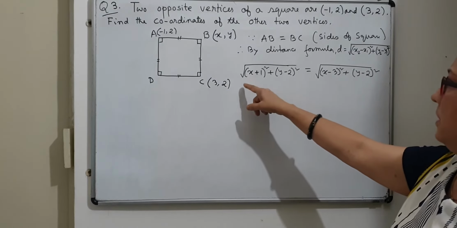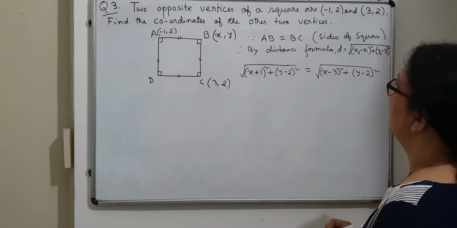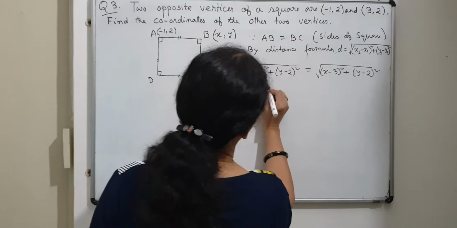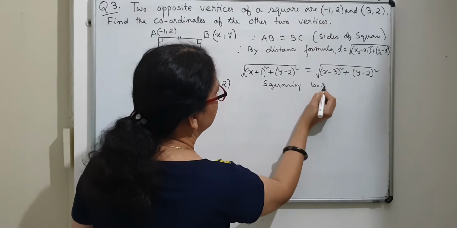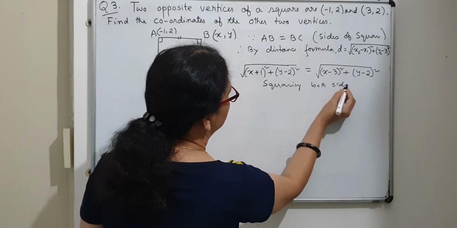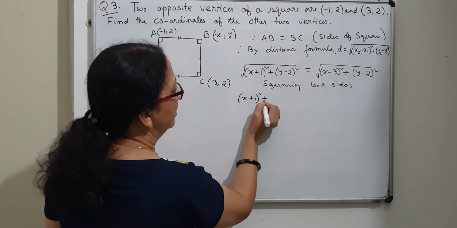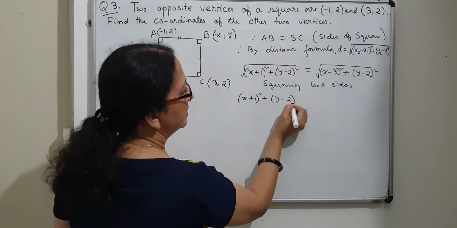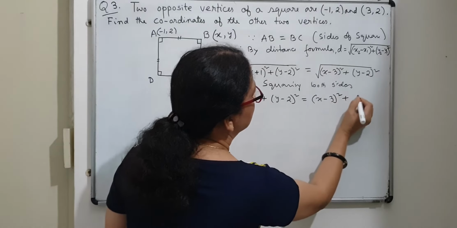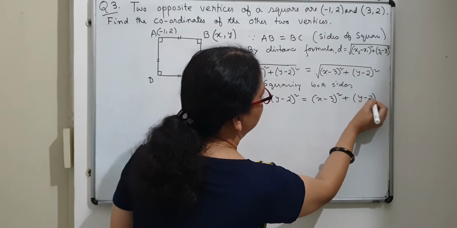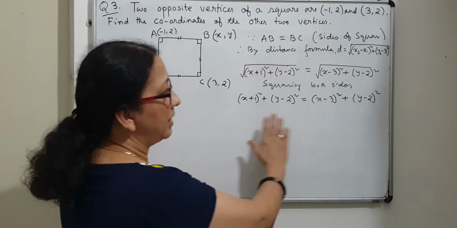Next, I'll be squaring both sides, so the radical sign will be removed. Again here, before expanding them, you observe whether any terms are similar.